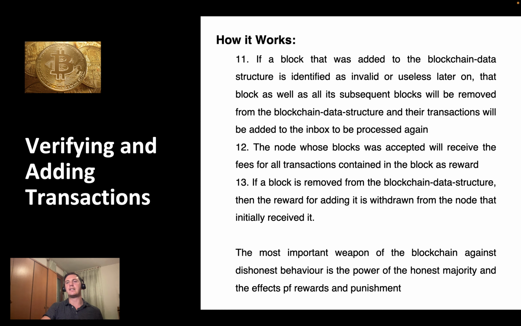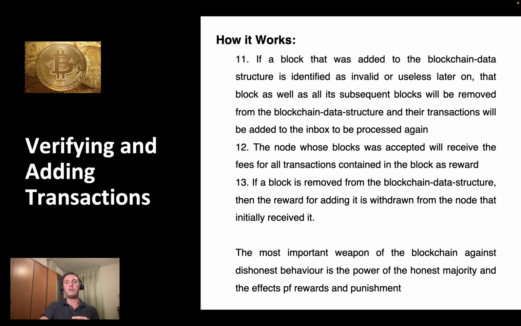If a block that was added to the blockchain data structure is identified as invalid or useless later on, that block as well as all its subsequent blocks will be removed from the blockchain data structure and their transactions will be added to the inbox to be processed again. The node whose block was accepted will receive the fees for all transactions containing the block as reward.